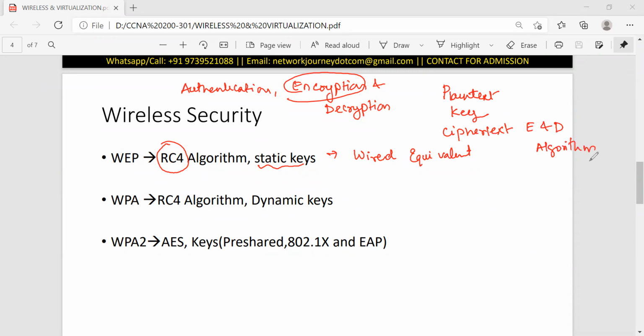Basically, your ciphertext is being generated. The ciphertext is nothing but your encrypted text, which goes through the network and keeps your information hidden. You apply the algorithm along with the key to the plain text to get your ciphertext.